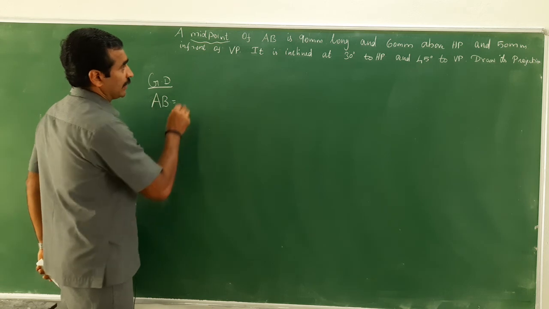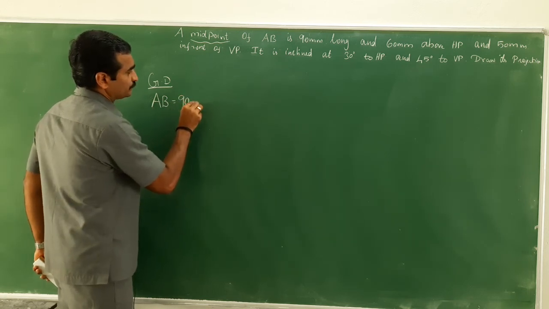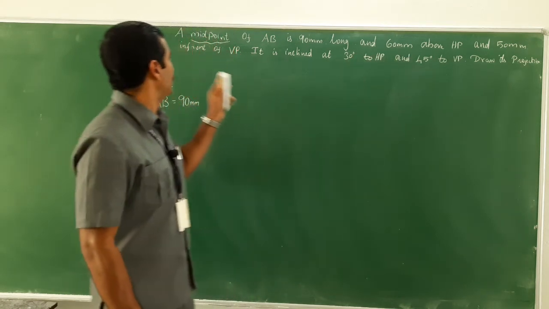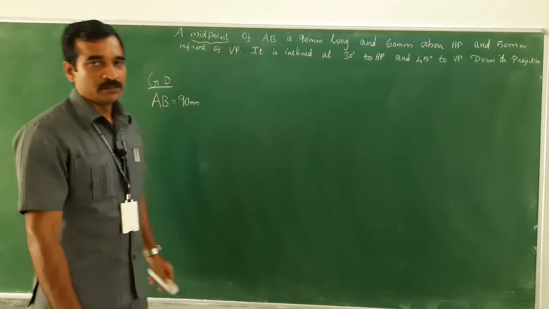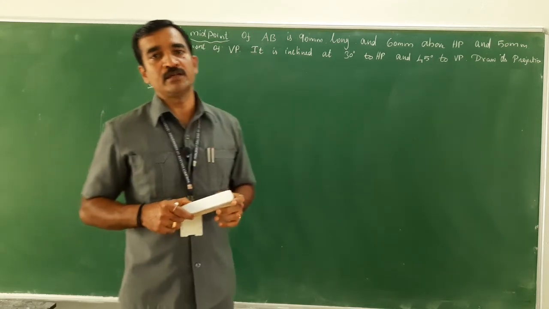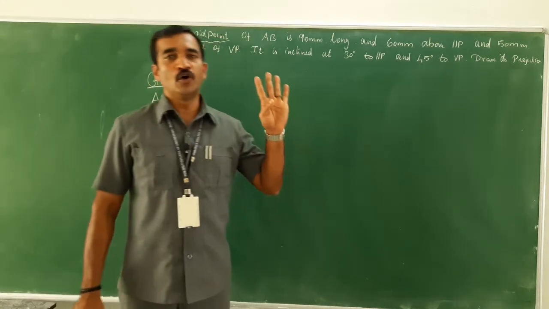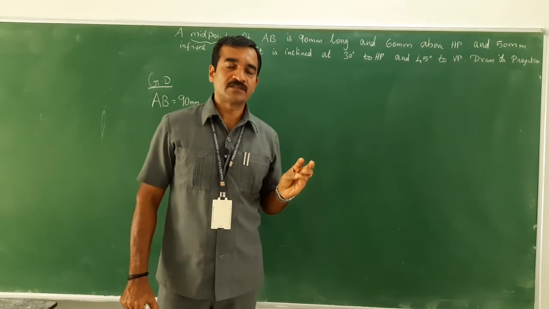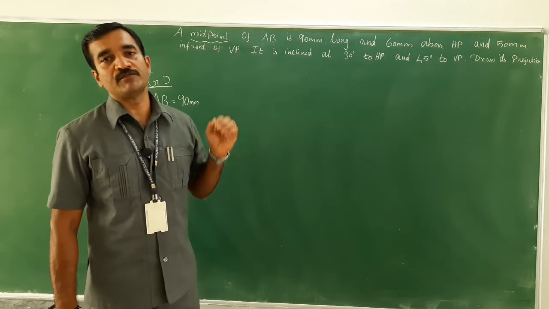The object is a straight line which is 90 mm. And 60 mm above HP and 50 mm in front of VP. As far as the previous problem is concerned, we used to draw 4 loci. What are they? Locus of A, locus of A dash, locus of B and locus of B dash.